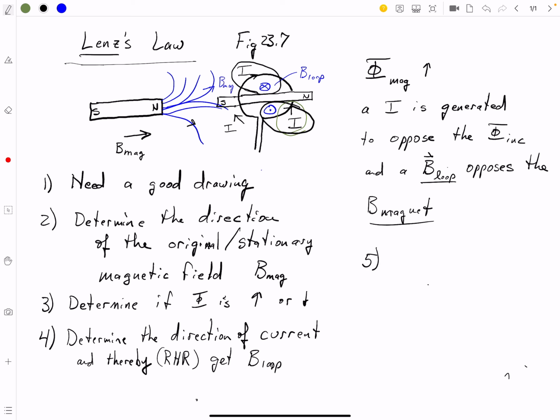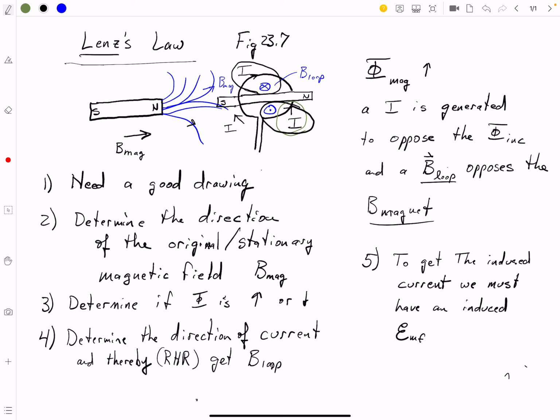Okay, so to get the induced current, we must have an induced EMF.